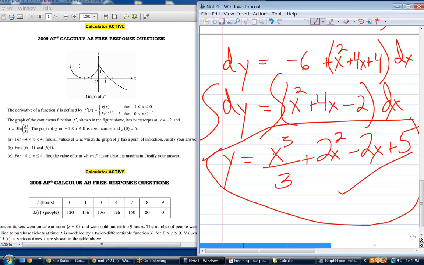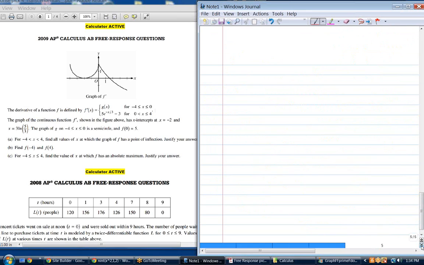Hold on a second, I'm thinking. This is the derivative function.